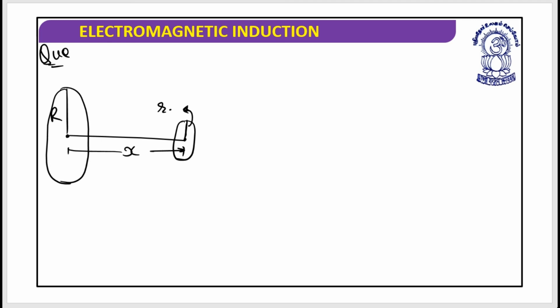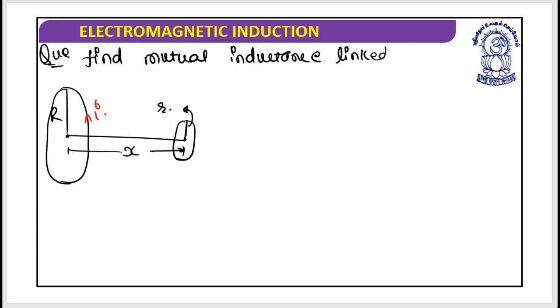So the question is, find mutual inductance. Let's suppose current has been passed through this. Find mutual inductance linked with the coil of radius r.